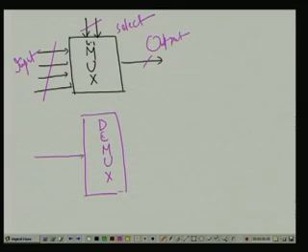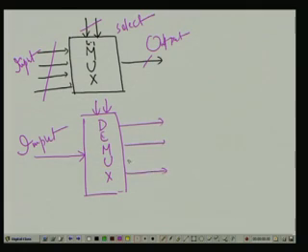see it will be totally reverse thing, as if I am applying the input here. So, one single input, select lines will be as it is, and several outputs will be there. So, these are my outputs.